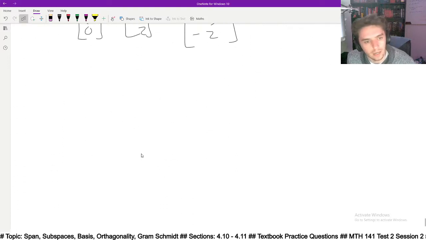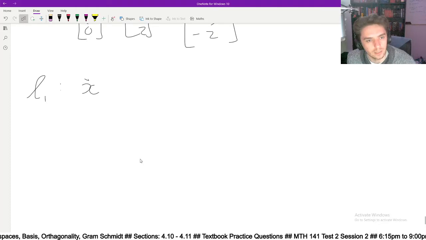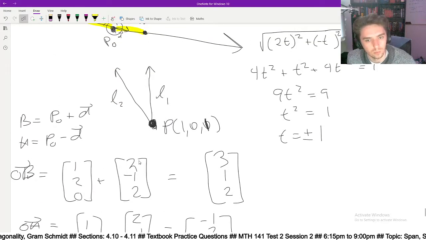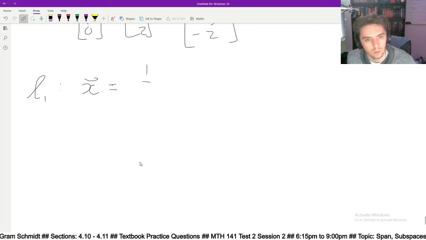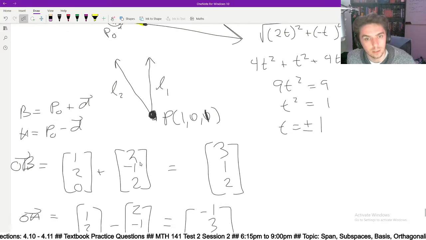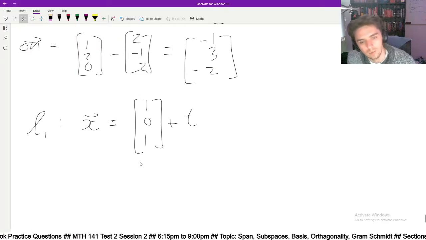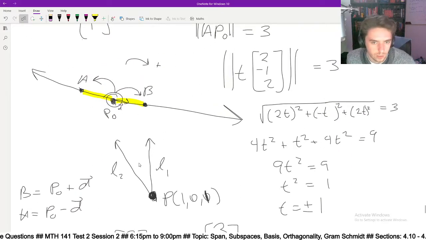Right, how we write a vector form of a line is a starting point, 1, 0, 1, plus T times the direction vector. The direction is going to be PB. That's for the first one. I guess I should have called this one 2 and this one 1, but it doesn't matter.